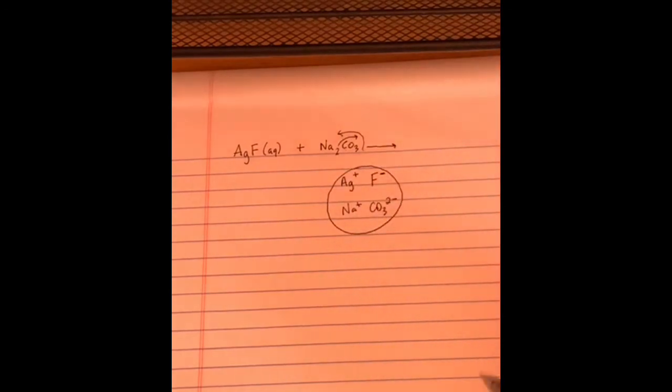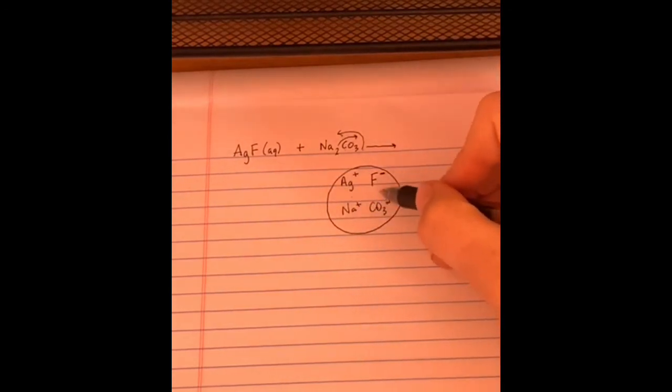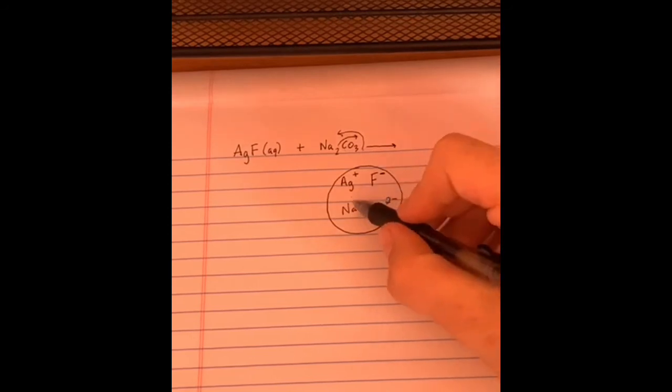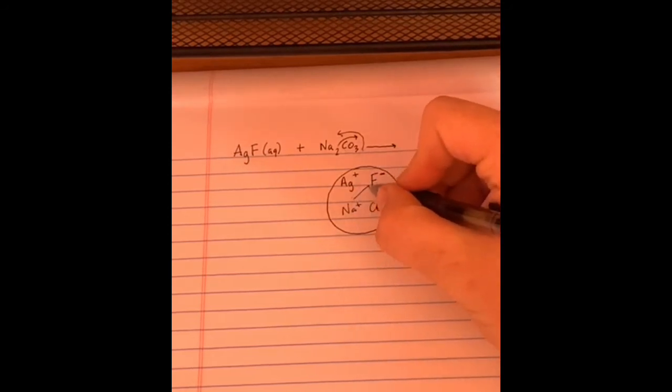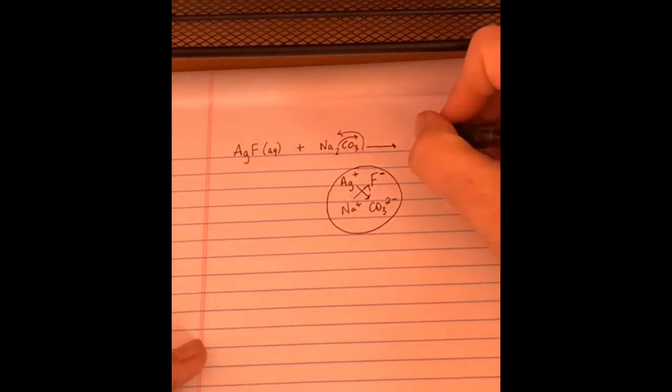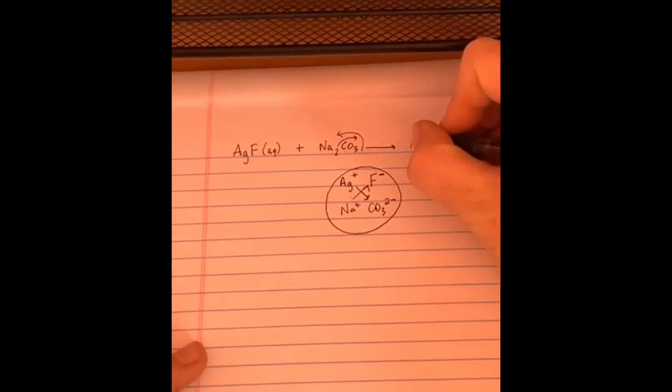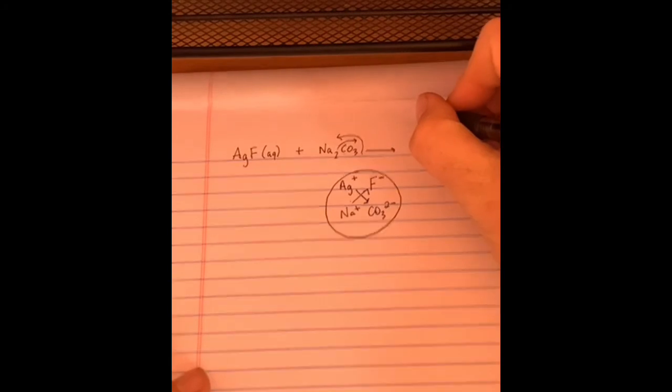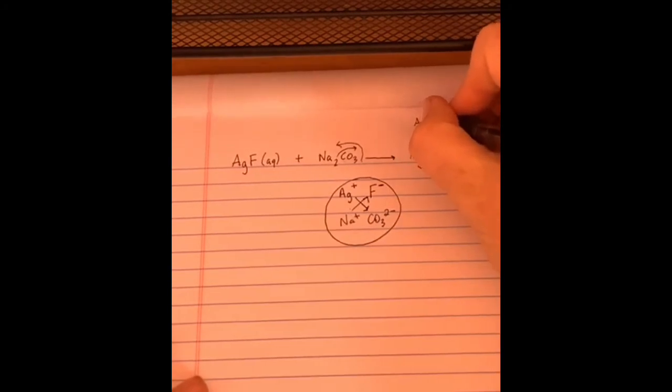All right. Now, we don't mix here because those guys are going to repel. We're going to mix diagonally. So NaF and Ag2CO3. All right. So what we're going to do is we're going to take silver plus and CO3 2 minus, and we're going to cross those.